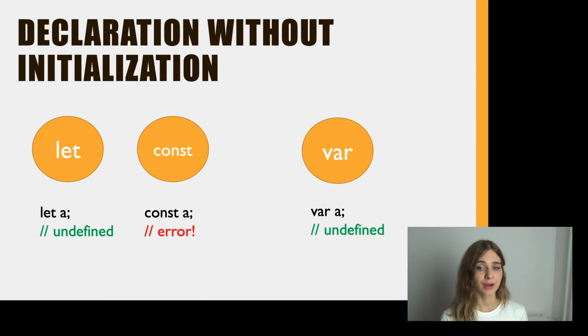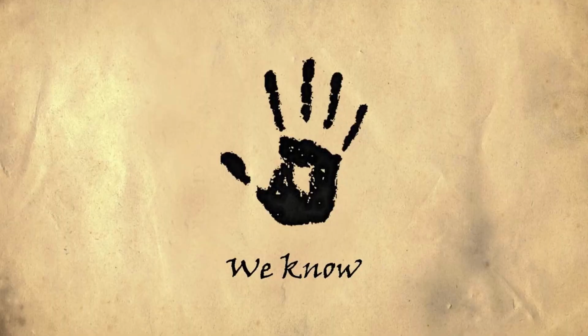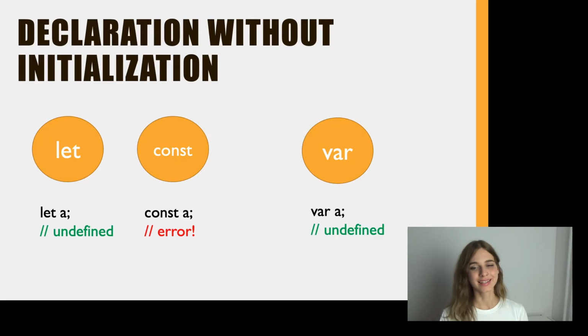So if you try declaring a const without the value, it will throw an error right away, because the program is like so wise. The program knows. That's not on purpose. You cannot declare const a because it would get a value of undefined, and we don't want to have a value of undefined for the rest of its days.